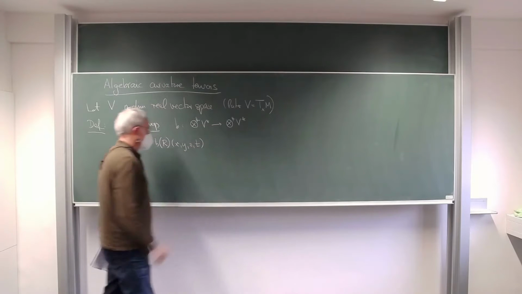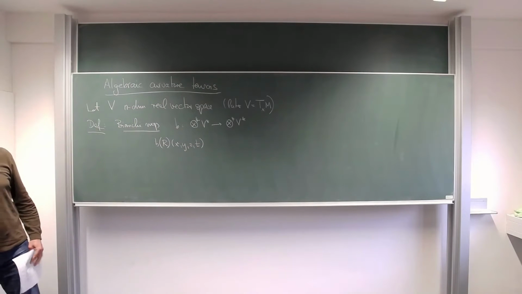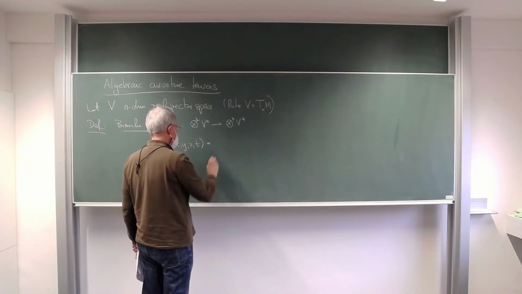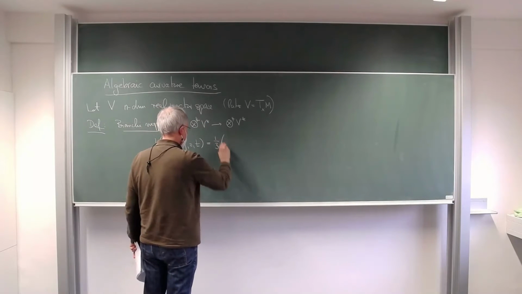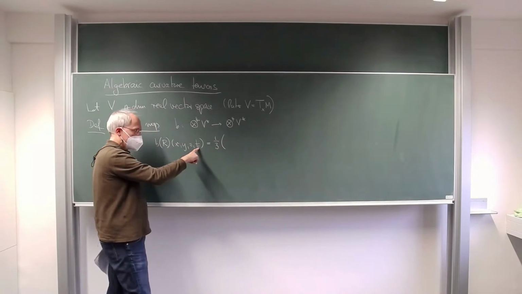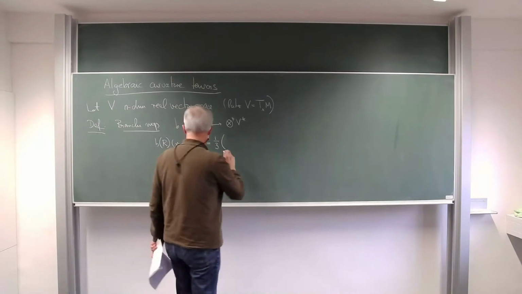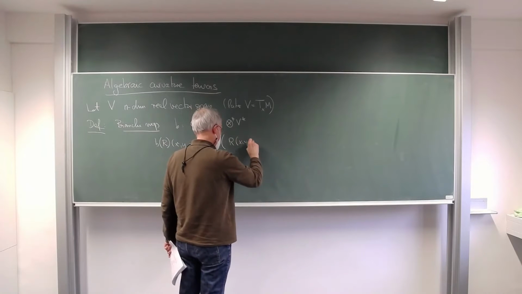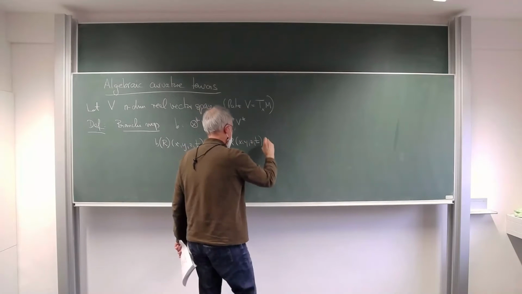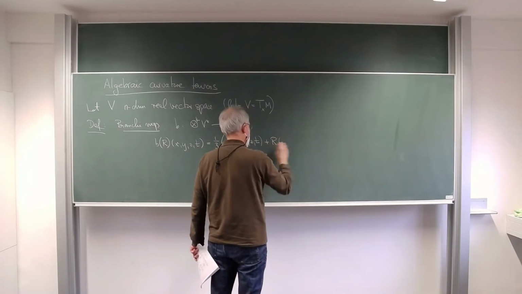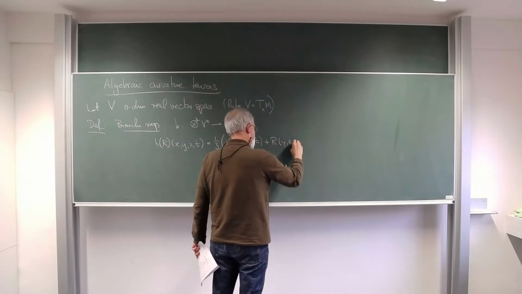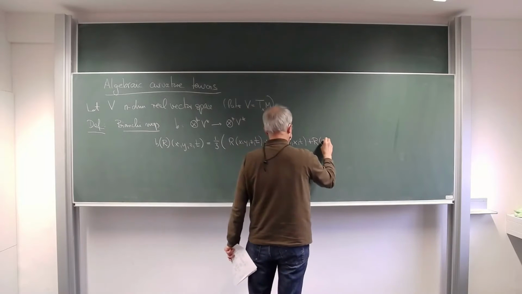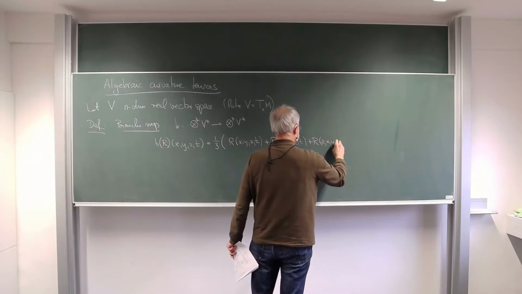And I'll tell you what the result will be. It's a symmetrization procedure. So what you do is you keep this last entry fixed and you commute the first three. You take R of x, y, z, t plus R of, now we have y, z, x, t plus R of, now we have z, x, y, t.